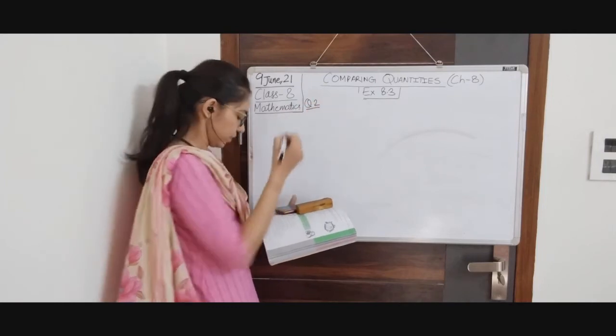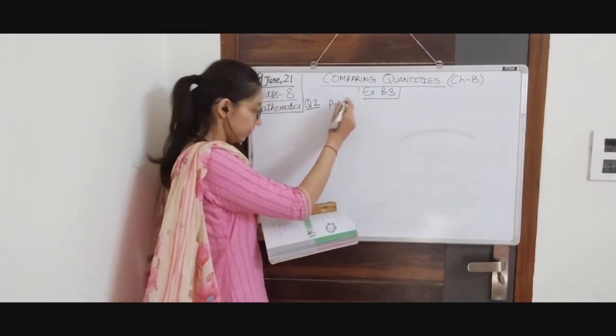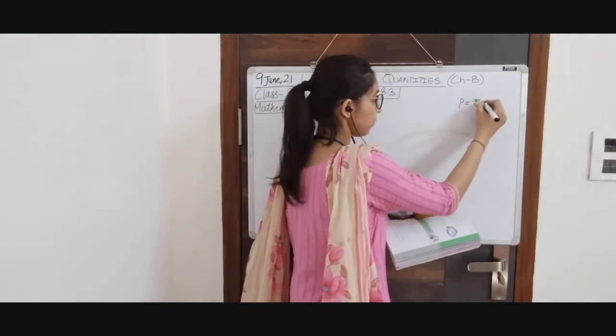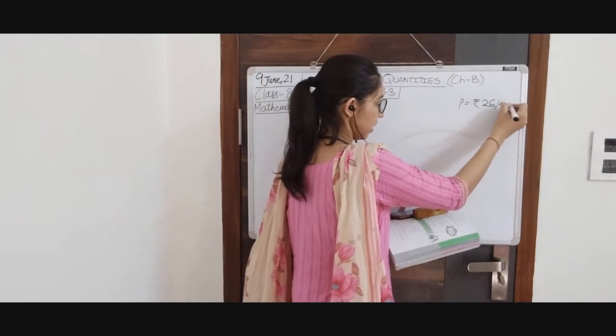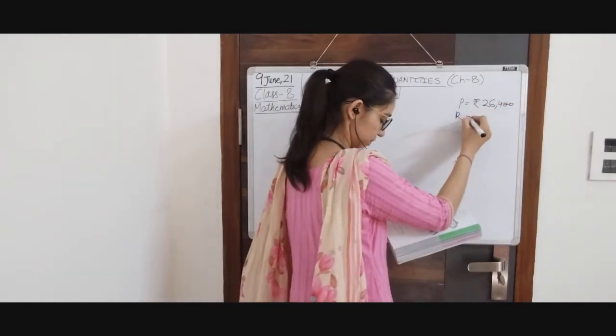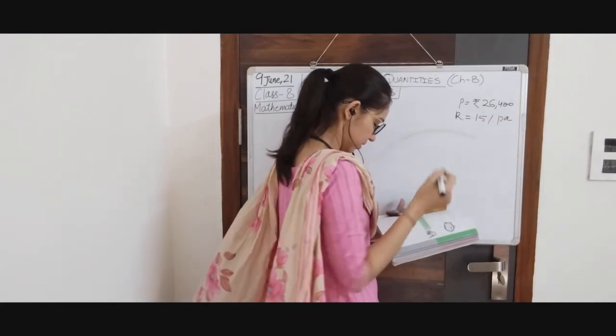Question number 2. Kamla borrowed this much. It means this is your principal. We will write here: principal is rupees 26,400 to buy a scooter at rate 15% per annum.